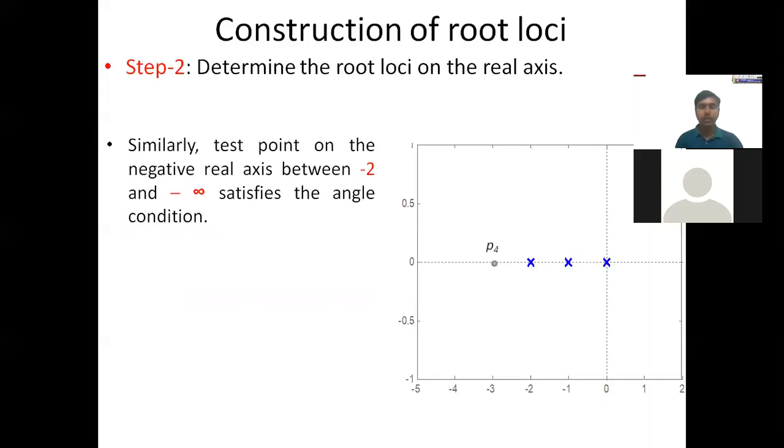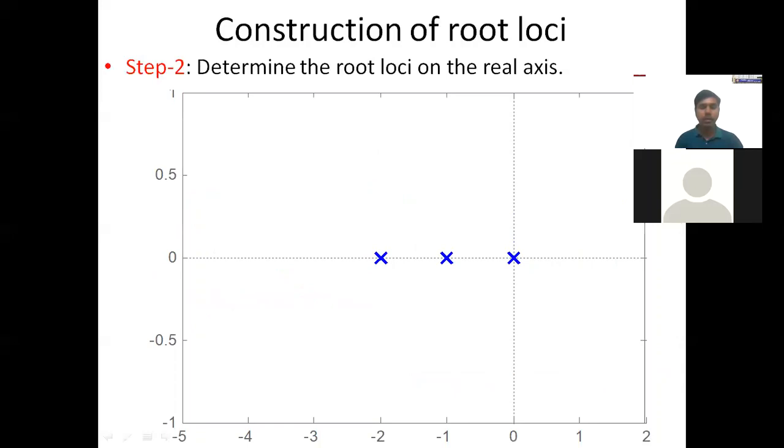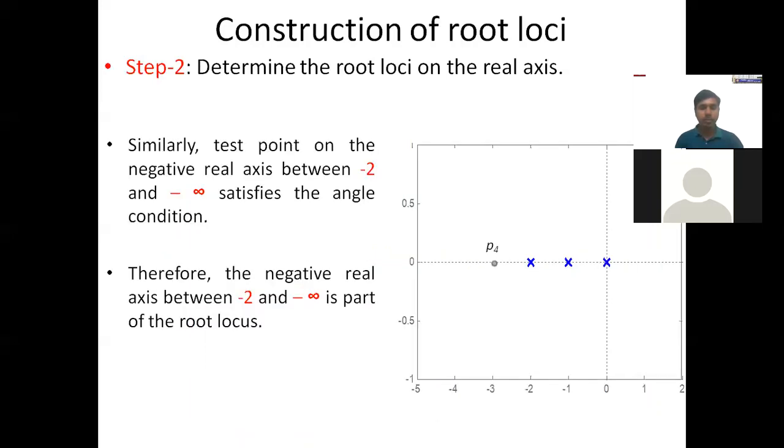And finally, if you take a test point from the third pole to infinity, at any point, we'll have the overall angle of minus 3 into 180 degrees, which is an odd multiple of plus or minus 180 degrees.